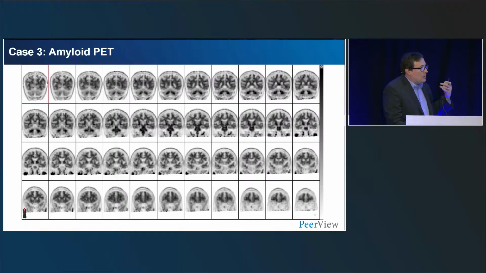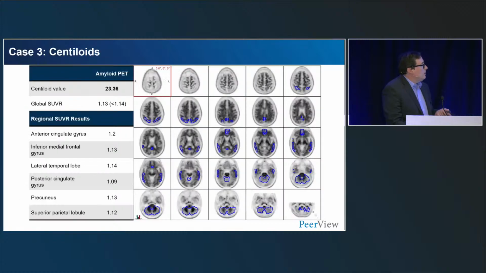It's subtle, and these are the cases that can be really challenging. And her Centiloid value is 23. So that would fit with a visually challenging case. I would read this as positive. And the Centiloid value is also right around the cutoff where it becomes relatively easy to call positive.